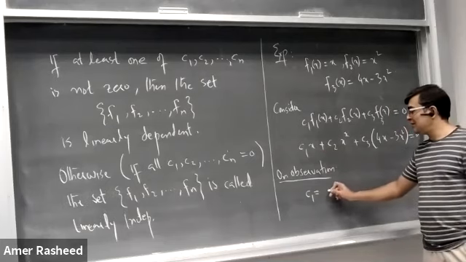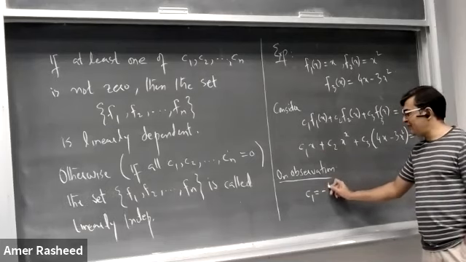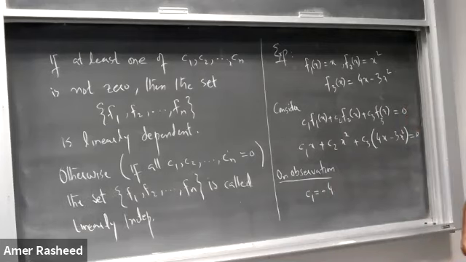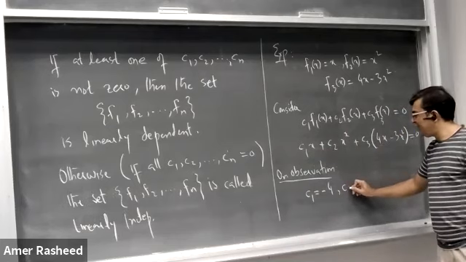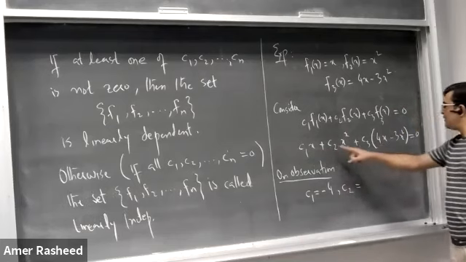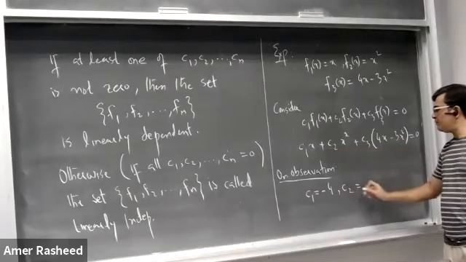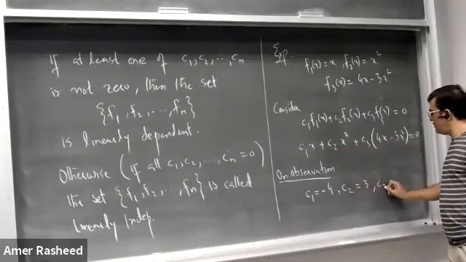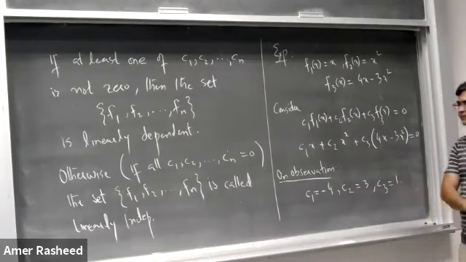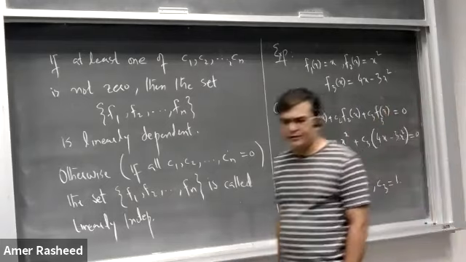If we take C1 as -4, and C2 as 3, and C3 as 1, we can observe it.